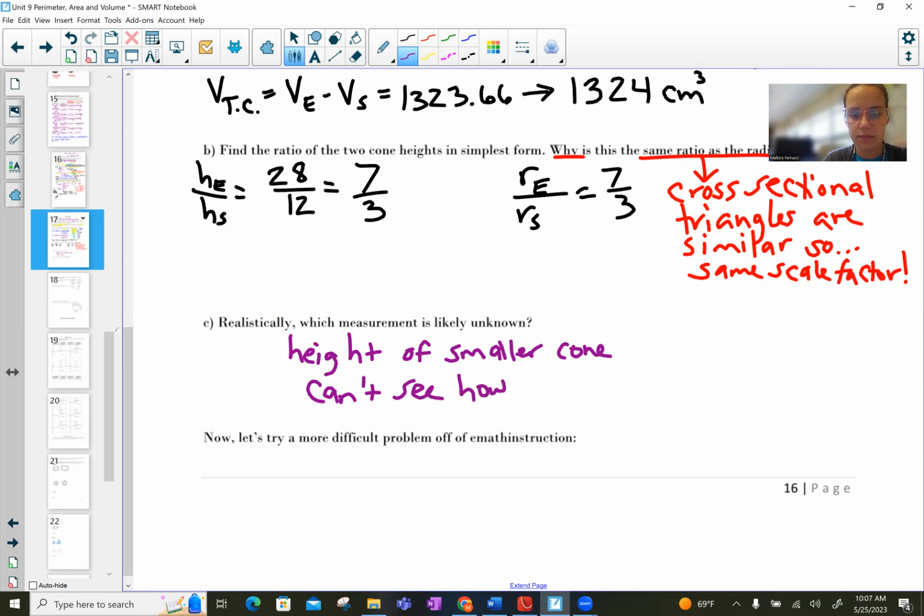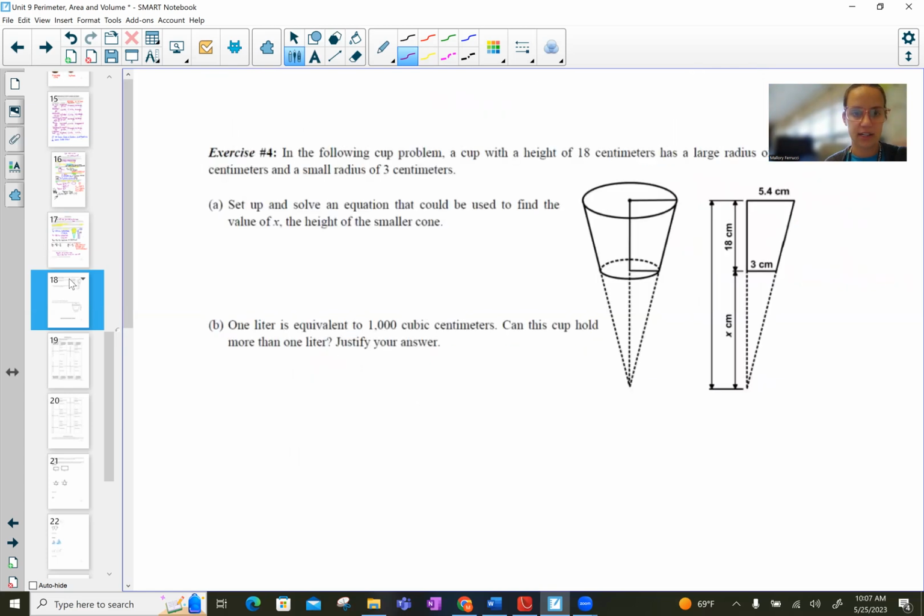So because of that, we need to do problems that are a little bit more realistic, where we won't have the height that's being subtracted.